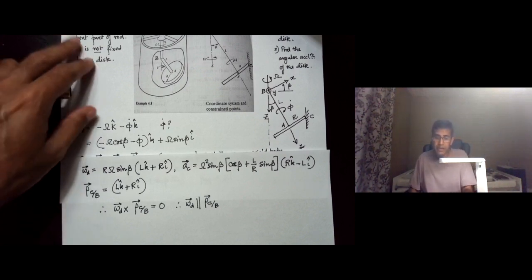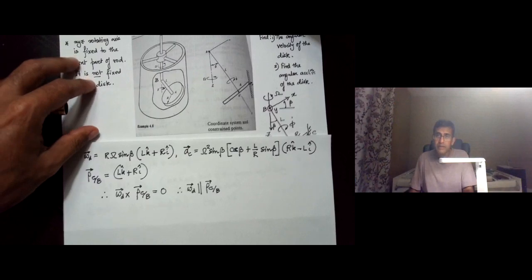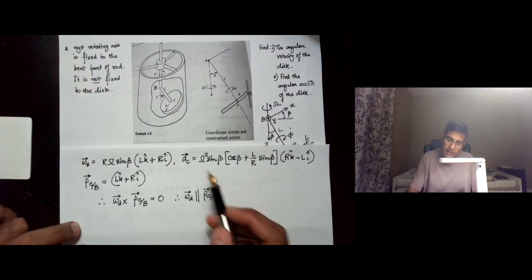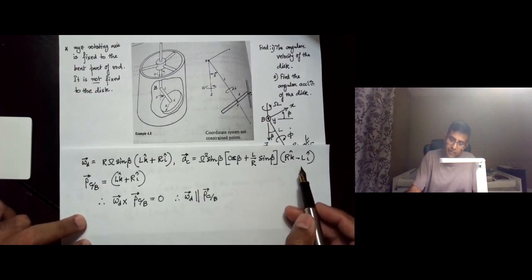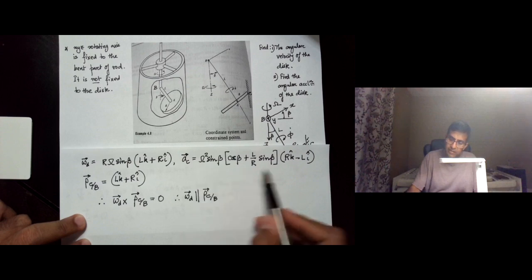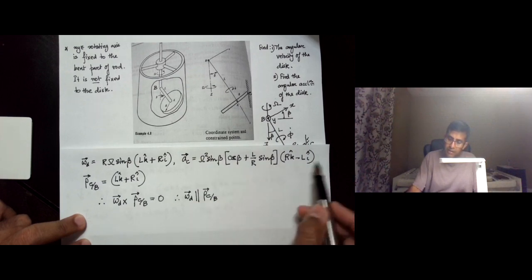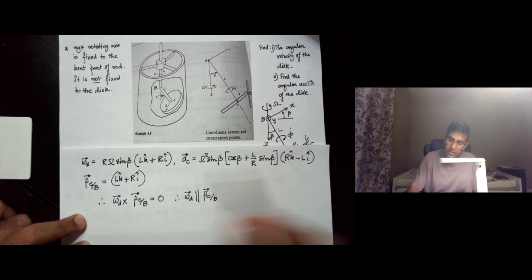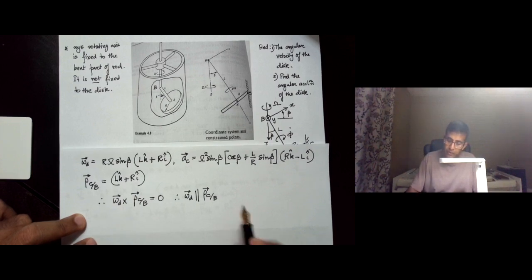Another observation that we can make is the following. If you consider this acceleration, then this is just a scalar multiplier term. This is actually defining the direction of this vector. You'll see that the dot product of the acceleration with rho C with respect to B is equal to 0.